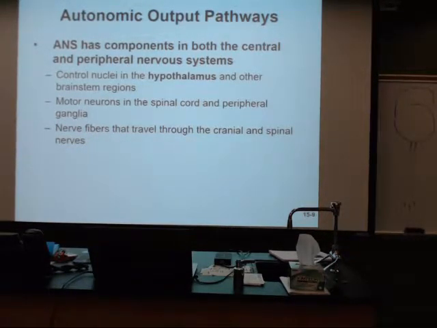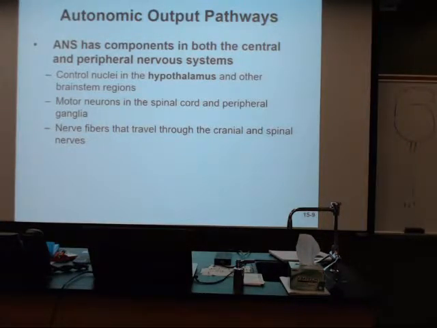Do you remember how we said the ganglia were an area of dense nerve cell body? Fibers were an axon. Those are what they're calling components.